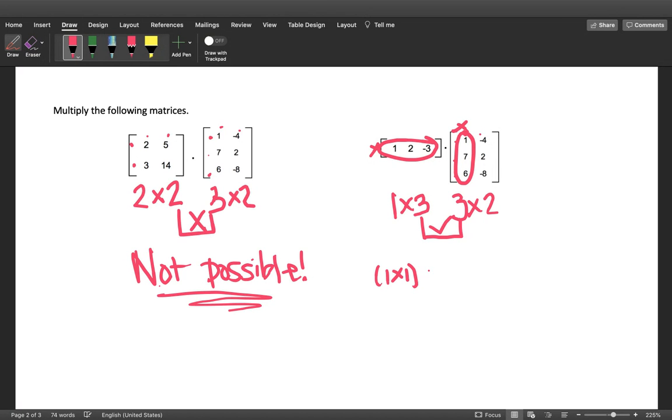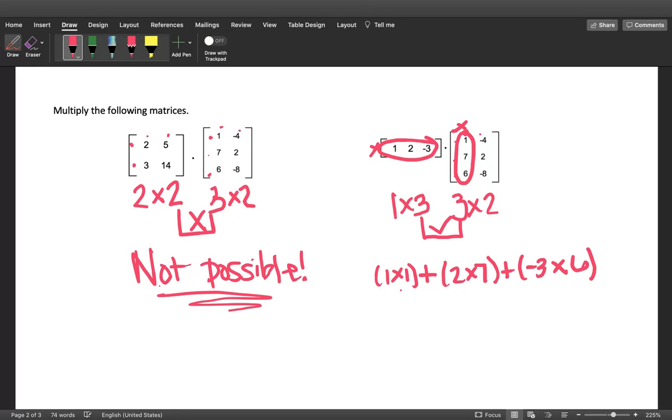Okay, remember I have to add all of these together to get my first row, first column answer. So I would do 1 times 1 plus 2 times 7 plus negative 3 times 6.